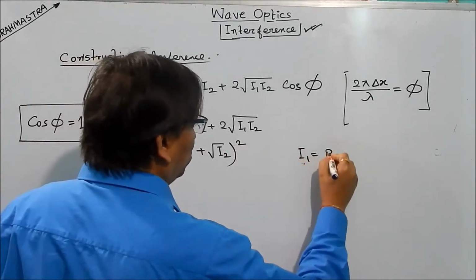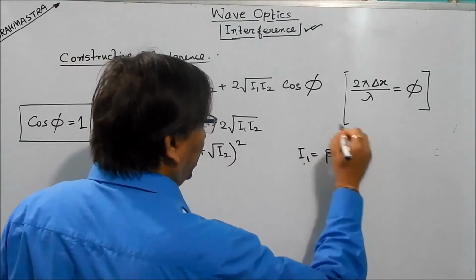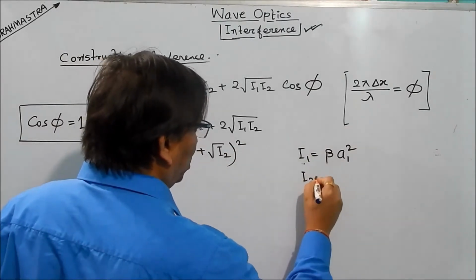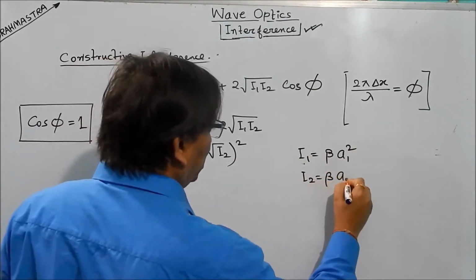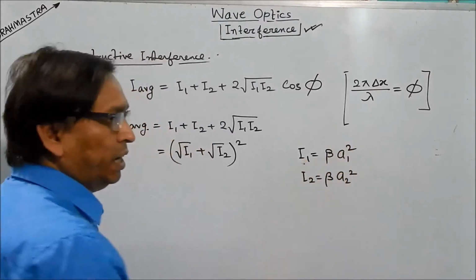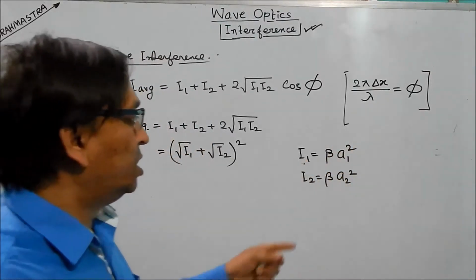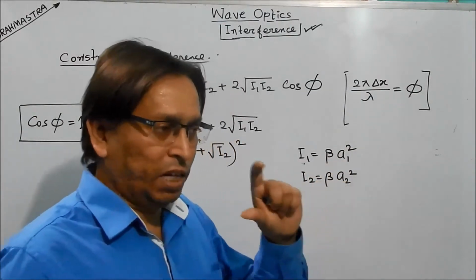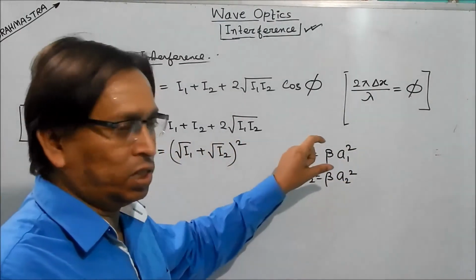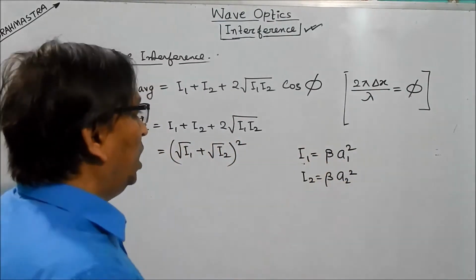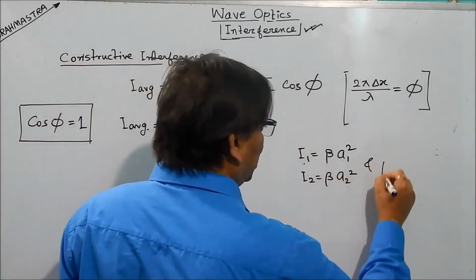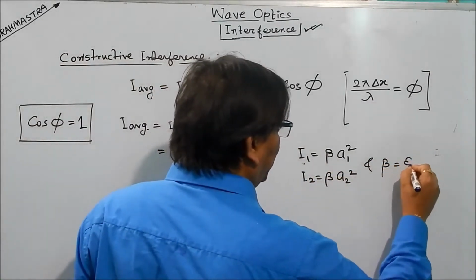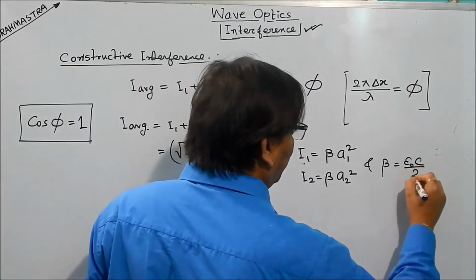I1 is equal to beta A1 square and I2 is equal to beta A2 square, where A1 and A2 are the amplitudes. That means this is the maximum peak electric field. We have just written this as A1 and A2, and beta is a constant. The value of beta is epsilon naught c by 2.